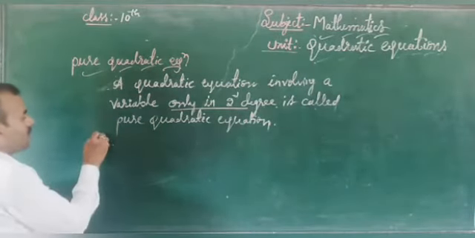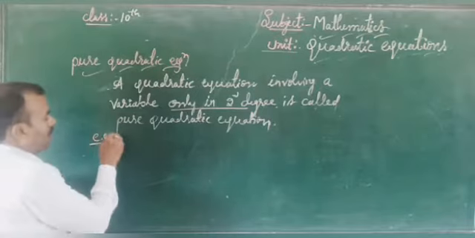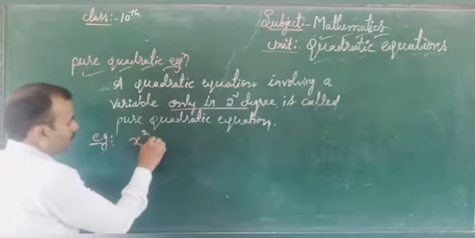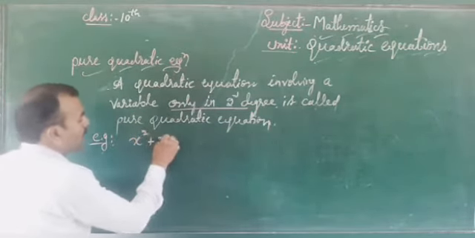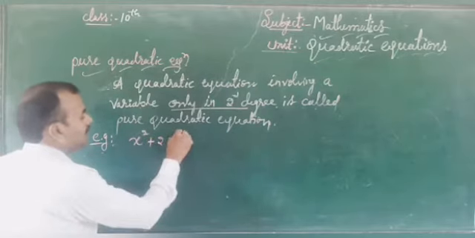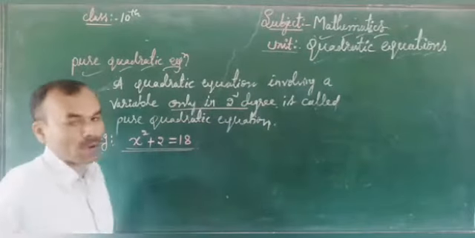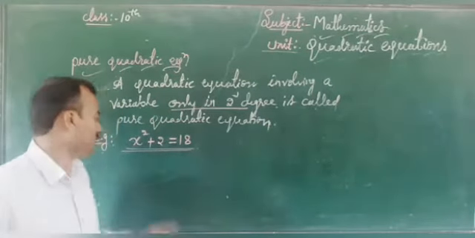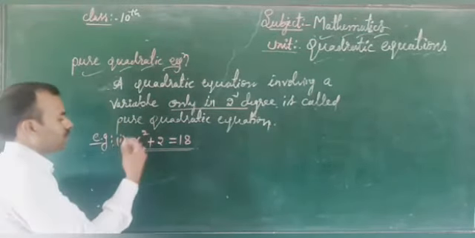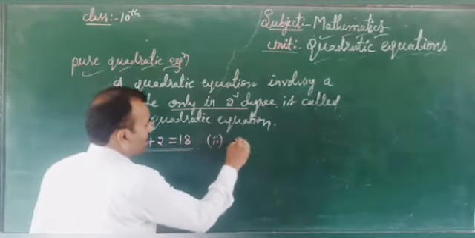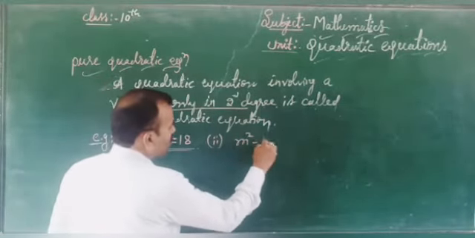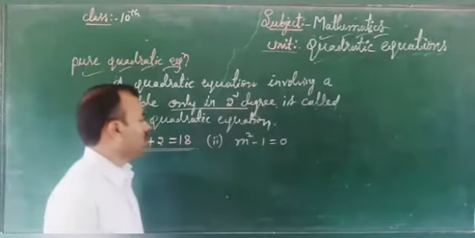Write the example: x square plus 2 equals 18. This is an example for a pure quadratic equation. Second example, m square minus 1 is equal to 0.